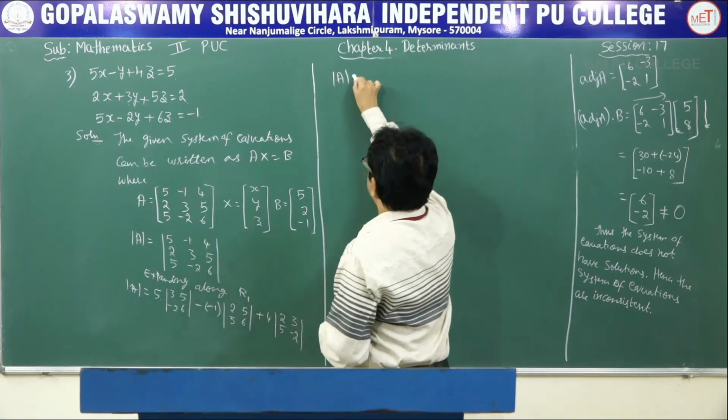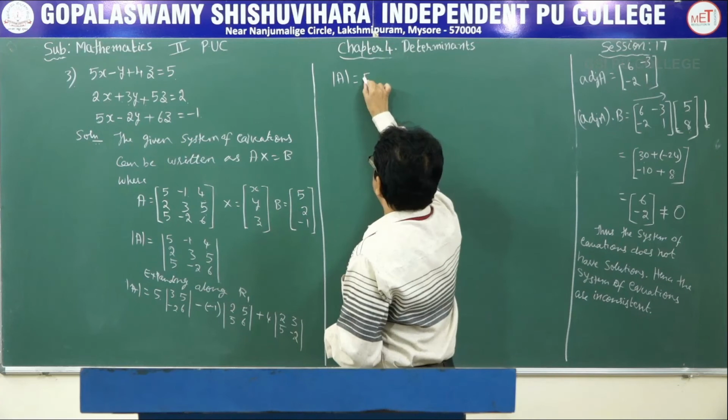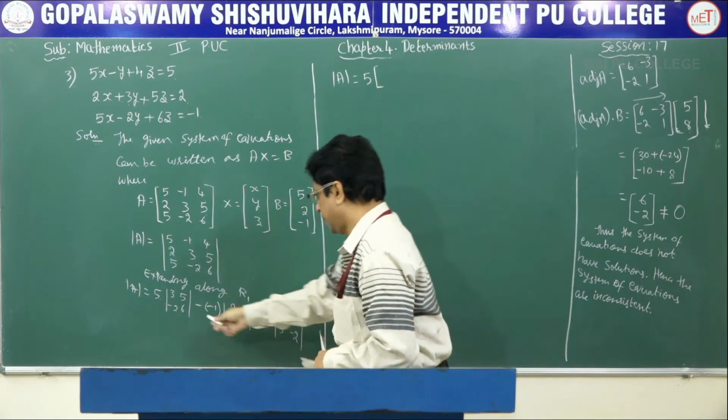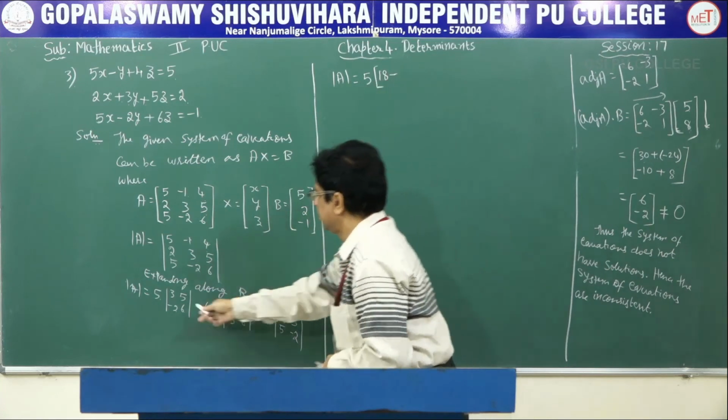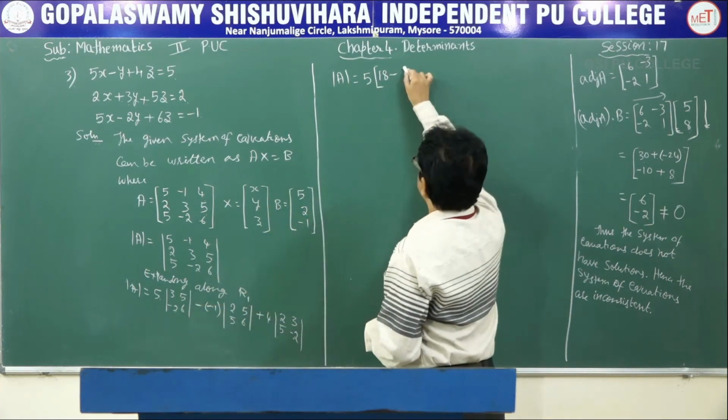So, determinant A is equal to 5 into 3 6 are 18 minus 5 into minus 2 minus 10.